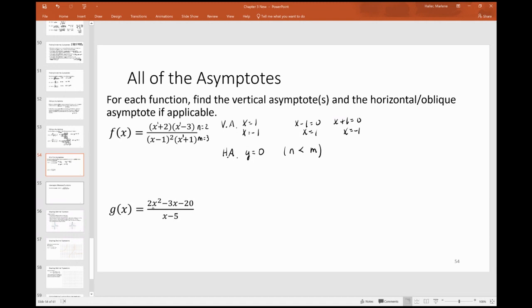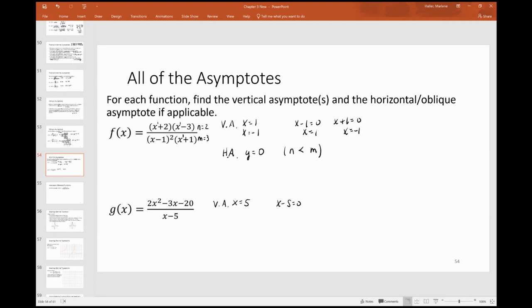Let's see, 5 to 50. No, that doesn't. So that's not going to be a hole in the graph. So then we know we have a vertical asymptote when x minus 5 equals 0, or when x equals 5.